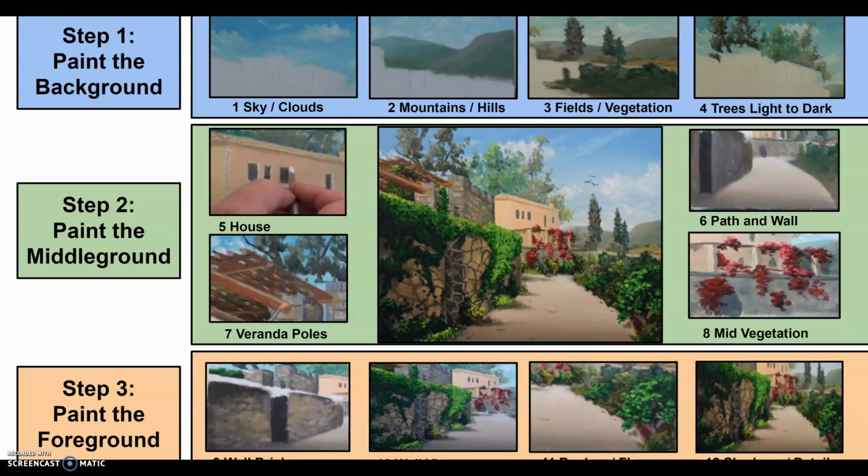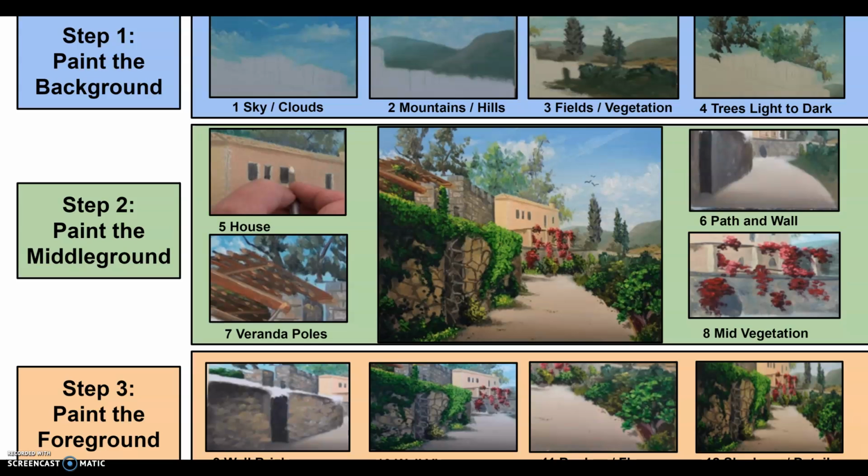Now you're painting the stuff as close up to you as possible. Here you have the wall, and you're putting some texture on it to make it look like bricks. You can put some vines on top of the wall, and some bushes and vegetation as things come closer to you. So you're working background, middle ground, foreground.